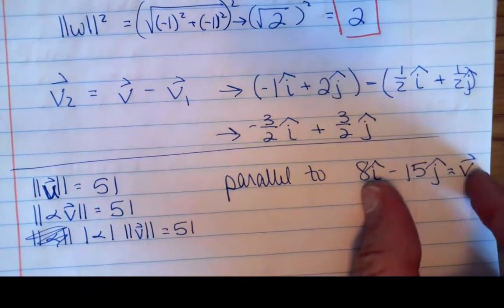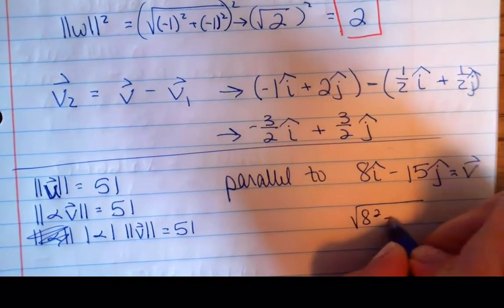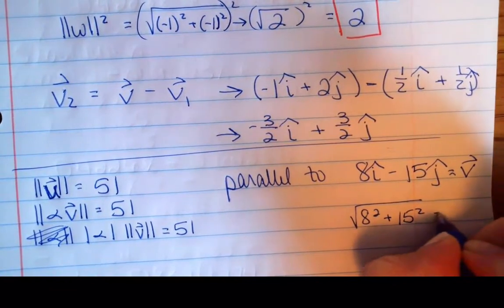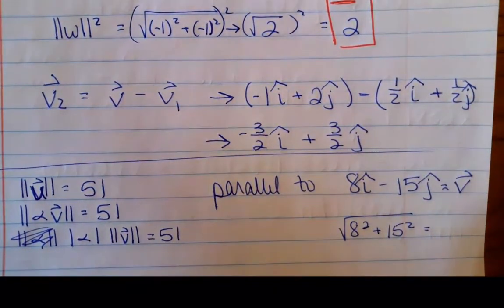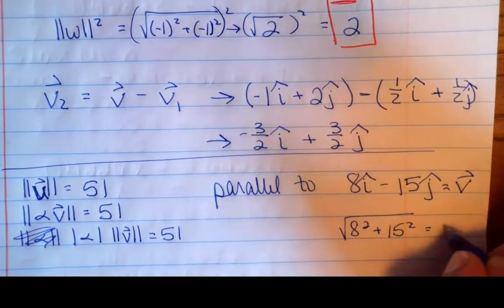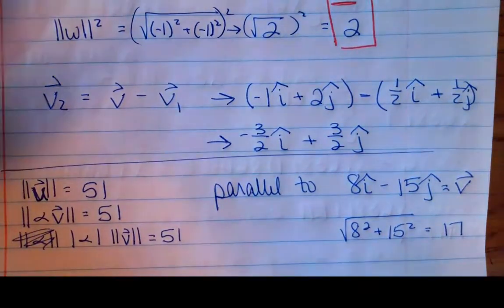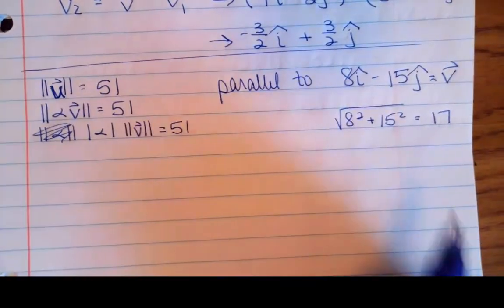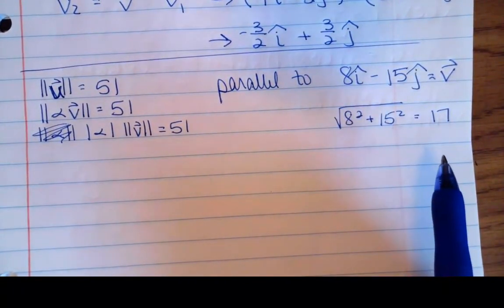What this thing's magnitude is going to be the square root of 8 squared plus 15 squared, which is 64 plus 225 gives me 289. So I get 17.